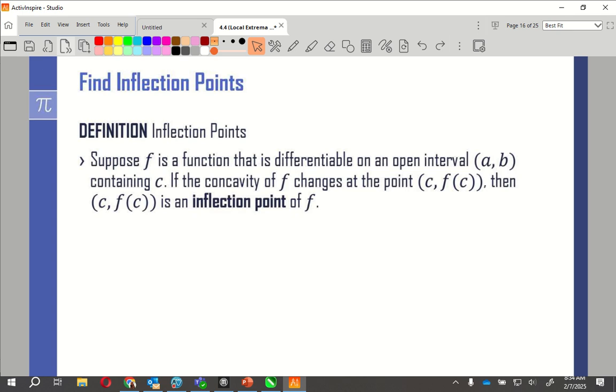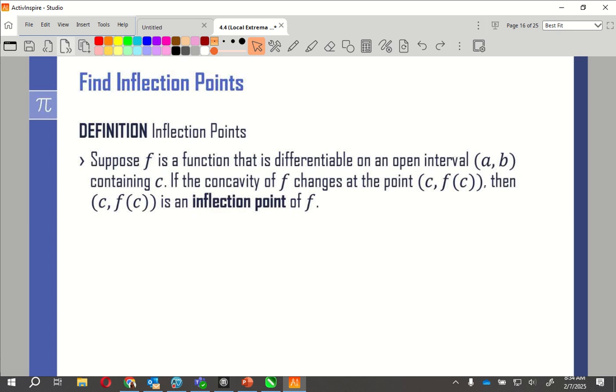Okay? Now, think about this carefully. If it's concave up, what type of number do I have for concave up? It's a positive, right? And if it's concave down, that would be a negative. And what happens in between changing from a positive to a negative? 0.